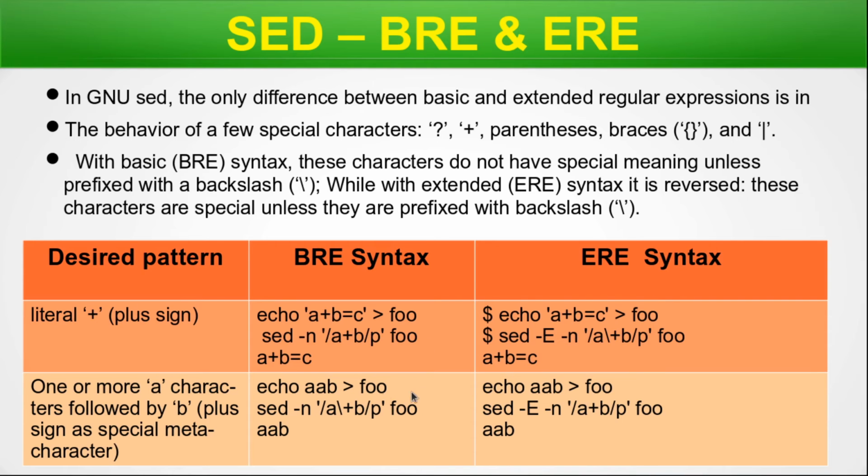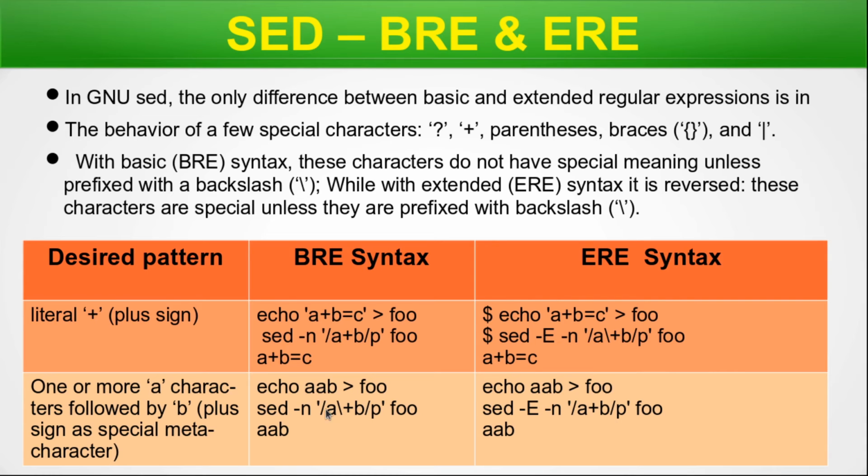Say one more example here: echo AAB, and we dump it into foo, and we run our sed right here, and we check this is just matching. Here we are doing the matching only, not the substitution. Here we used plus as a regular character, and here we are using it as a special character, so we include a backslash. What will this mean? That a will match with two a's.